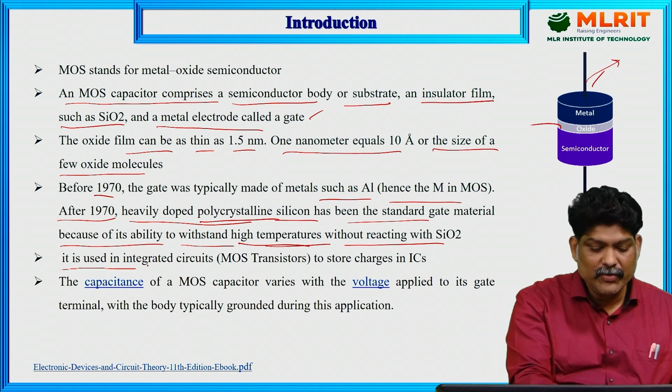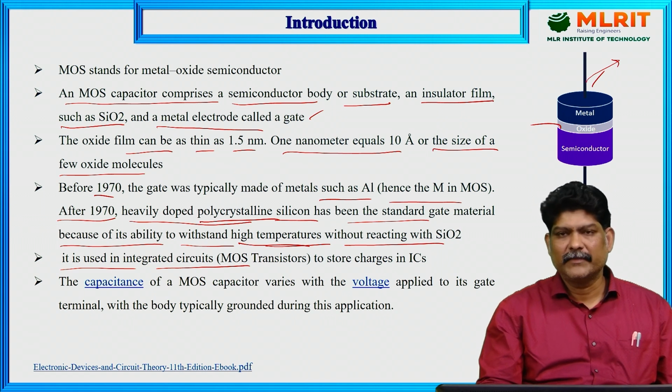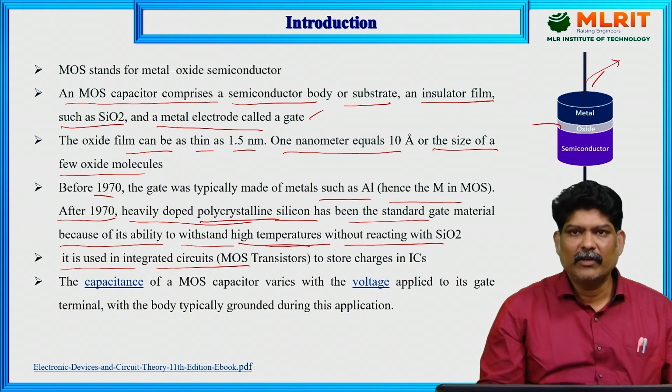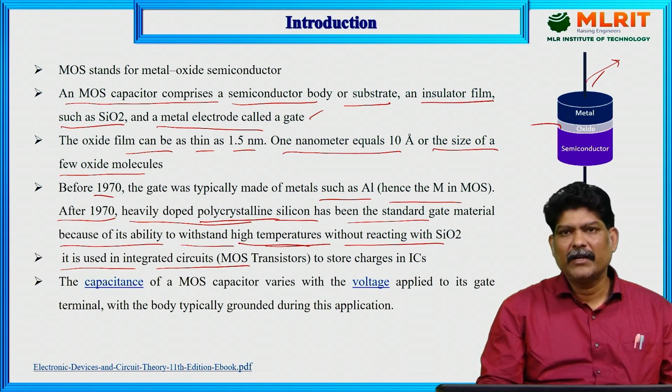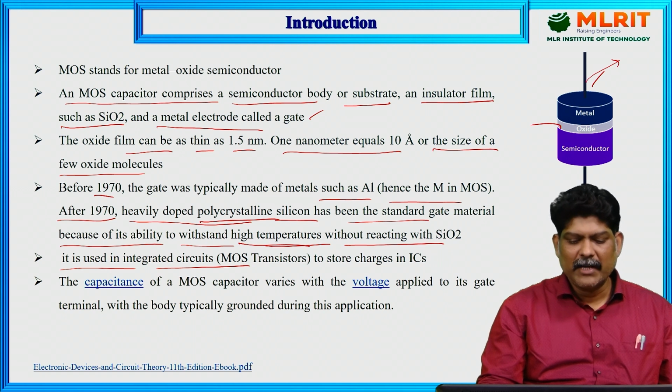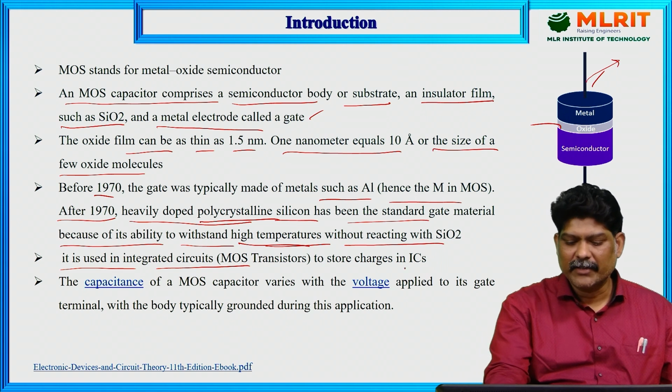It is used in integrated circuits and MOS transistors. This is the basic application of the MOS capacitor. It is not used individually; it is an integral part of the MOS transistor, particularly to store charges in integrated circuits.